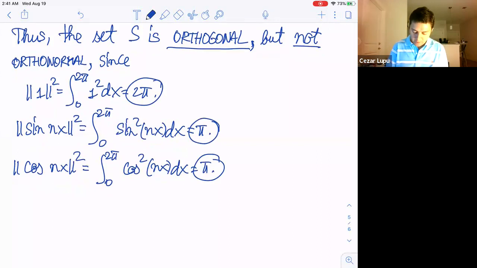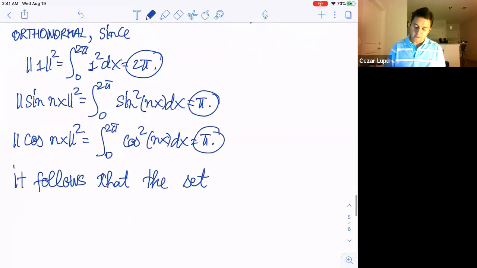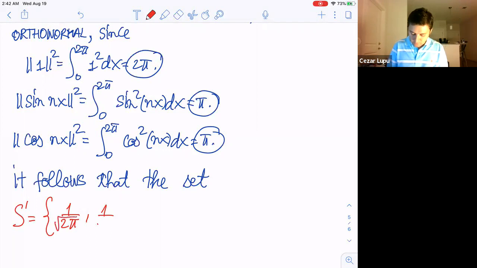And guess what? It follows that the set, and I'm going to write it in this way, I'm going to orthonormalize it, let me denote this set by S prime. The first one is 1 over the square root of 2 pi, because I squared it there.